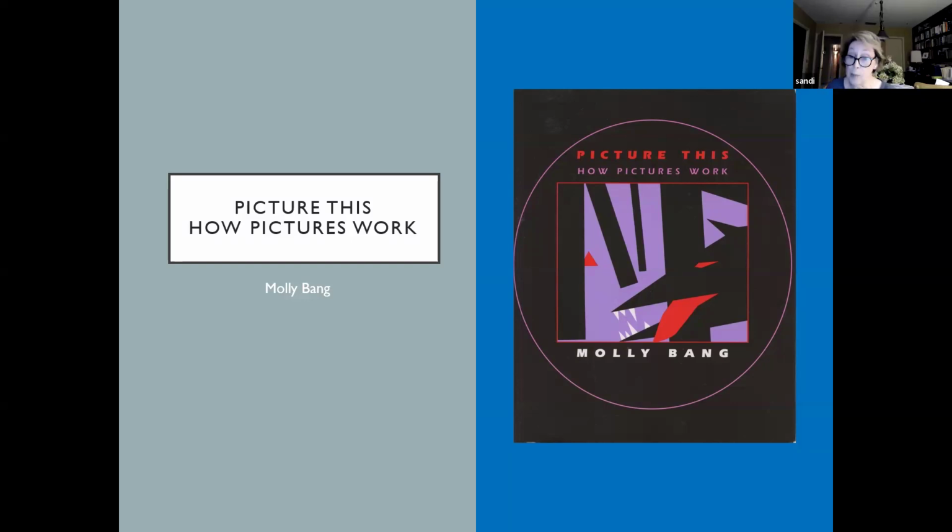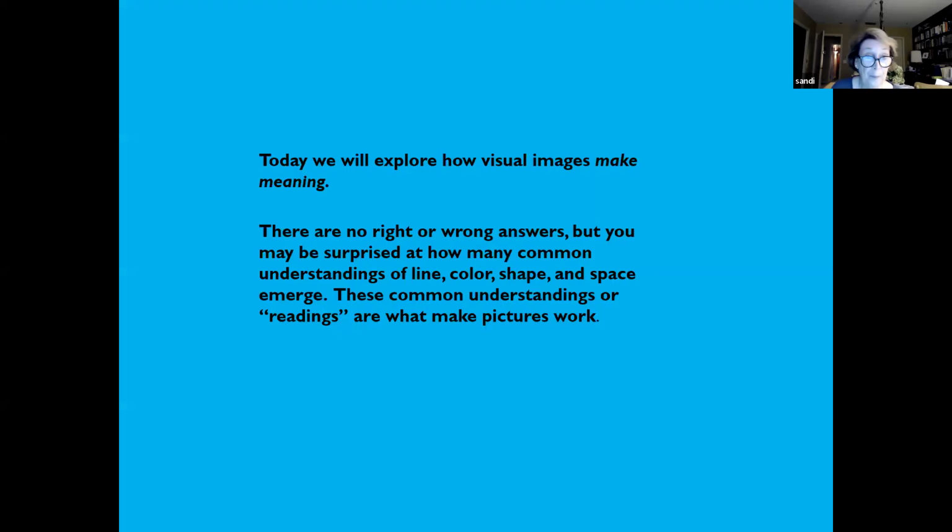Today, we're going to look at this particular picture that Molly Bang has used to express how pictures work, and she's utilized the story of Little Red Riding Hood. There are no right and wrong answers, but you may be surprised at how many common understandings of line, color, shape, and space emerge when you learn how to make visual images make meaning.